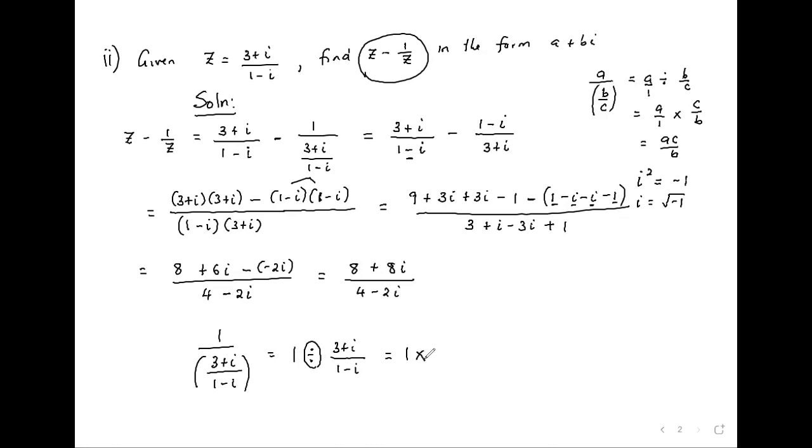When I change to multiplication, I interchange, so I have 1 minus I over 3 plus I. But 1 multiplied by anything, I get that very thing.